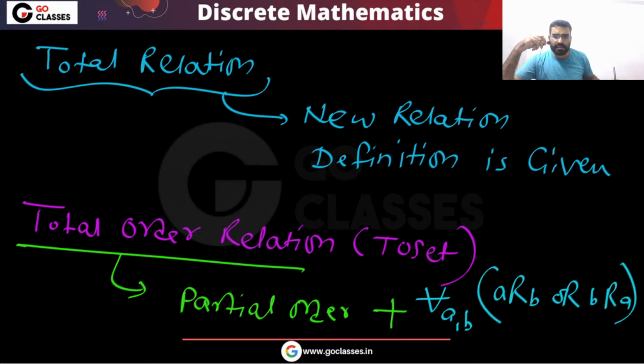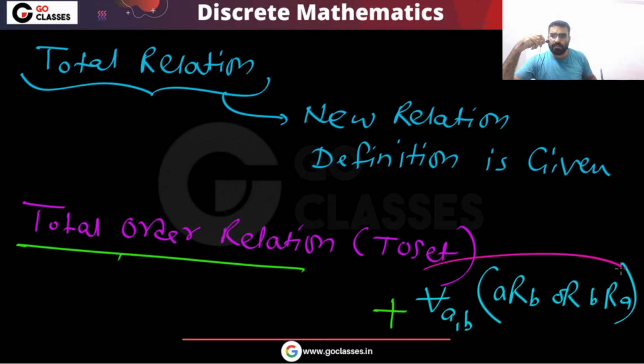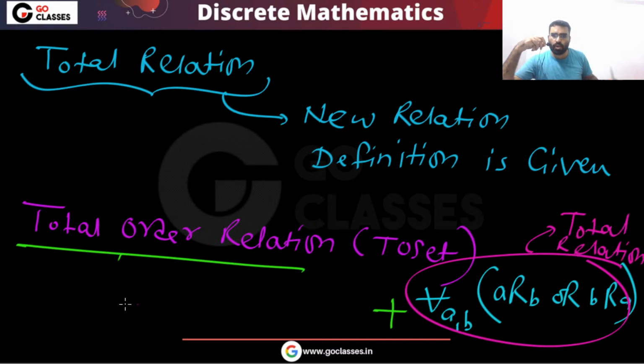So please understand that. So can anyone tell me, what is a total order relation? Total order relation is basically reflexive, anti-symmetric, transitive plus total. This is the definition of total. This means total relation. This definition is given to you.